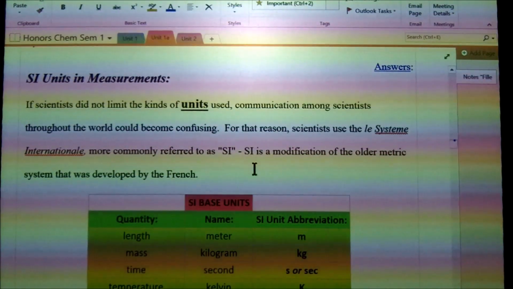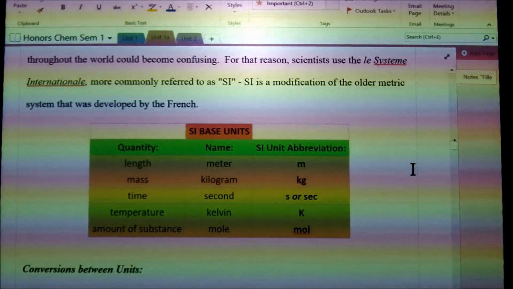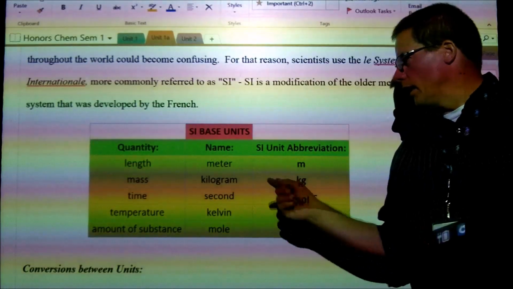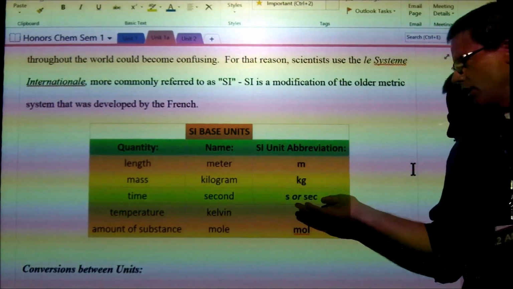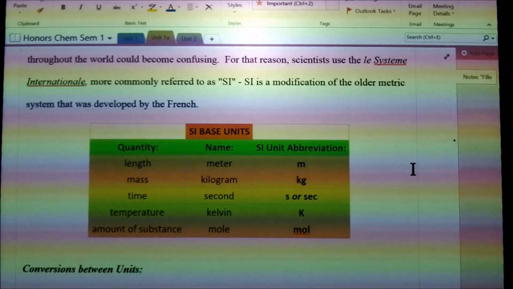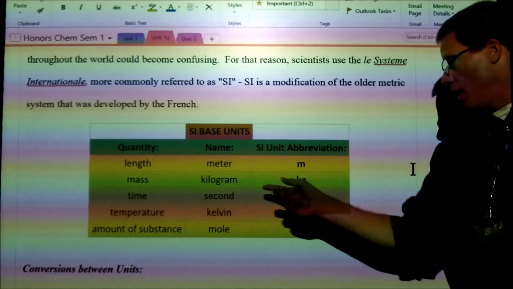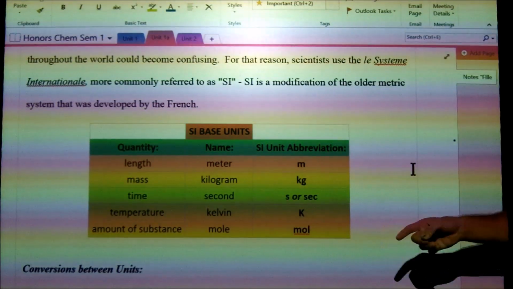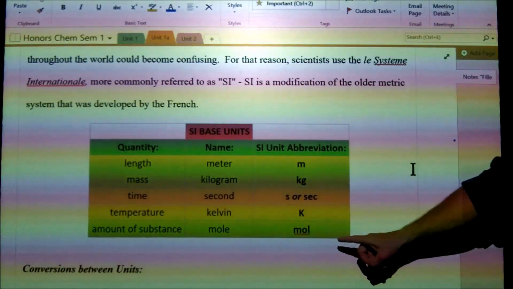Some of the things that we're going to have to know, especially in chemistry, are our basic units. For length, you have meters. For mass, it's kilograms. Typically, we'll work with grams, and then we'll deviate from that. Time doesn't change, still seconds. Kelvin, when we talk about gases a little later on, will make more sense. And the mole.